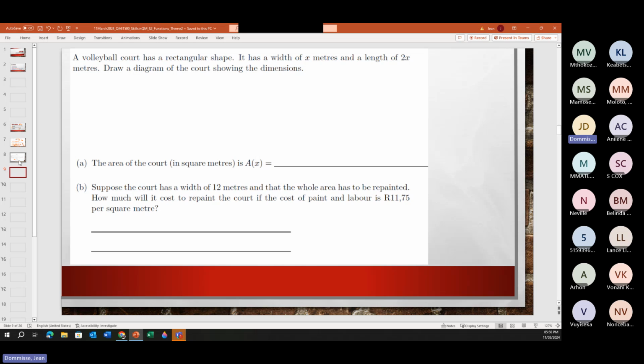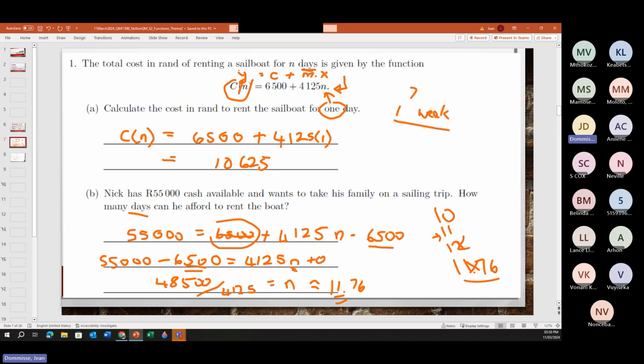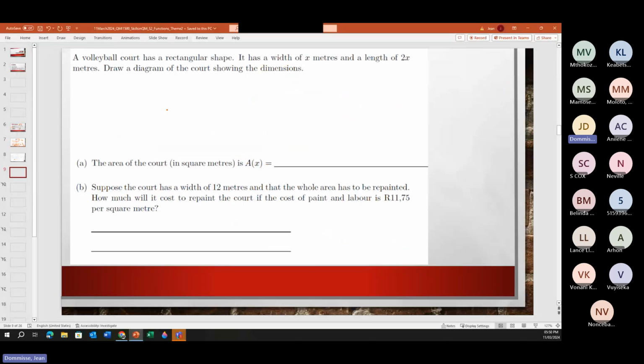In the first one, they have given you the function. Now they want you to work out the function. So let's read what the question says.